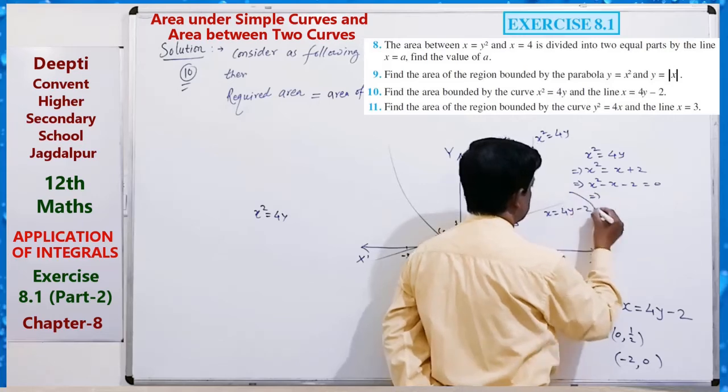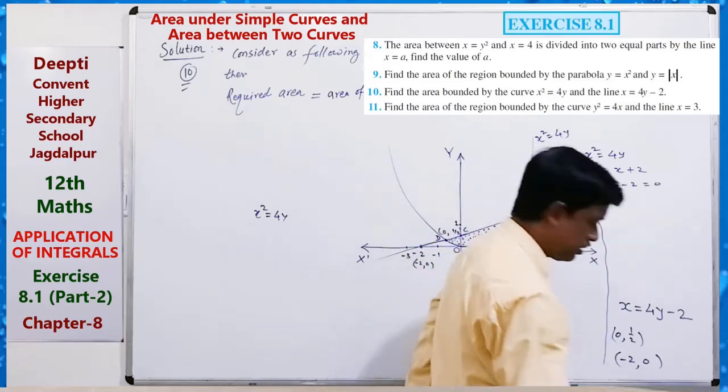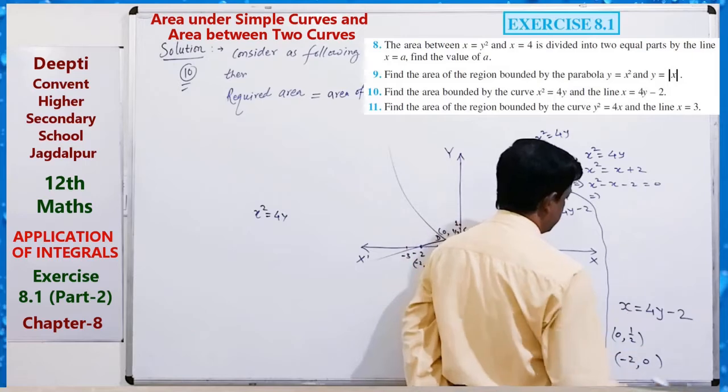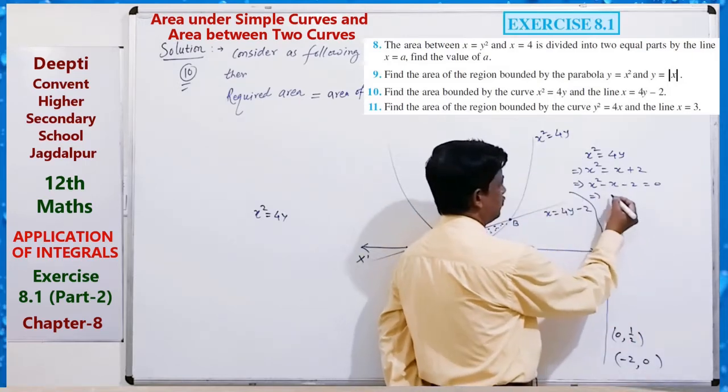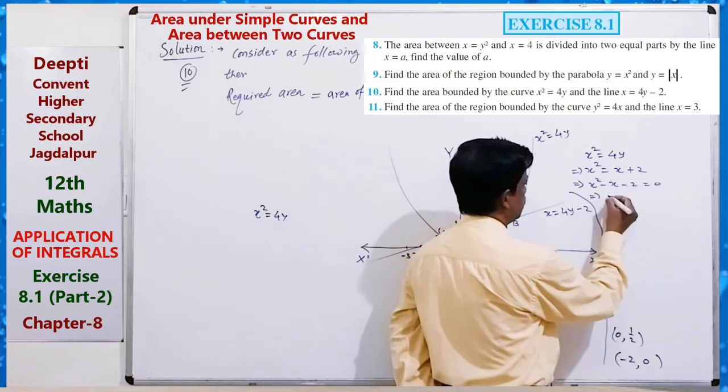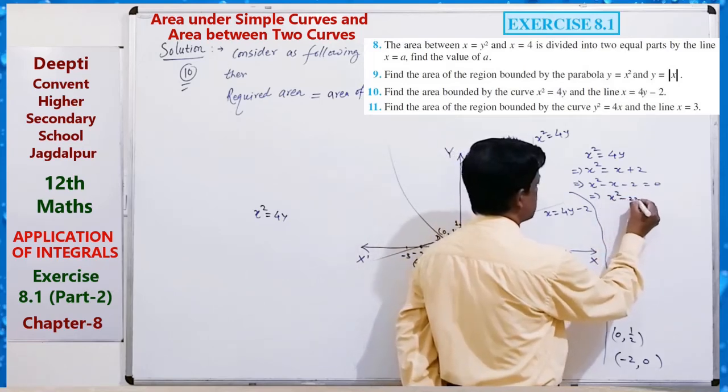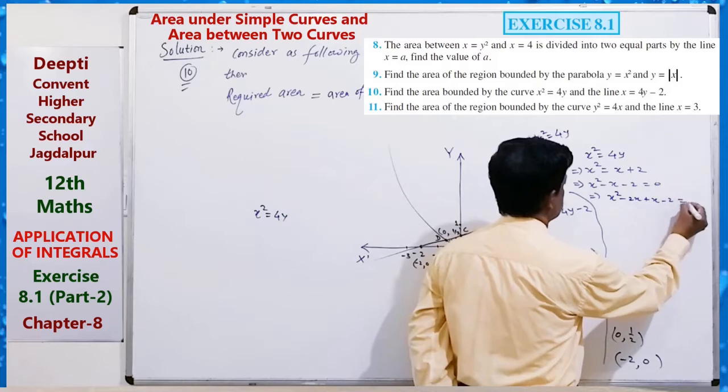So by solving we can get what? Minus 2. So x square minus 2x plus x minus 2 equals to 0.